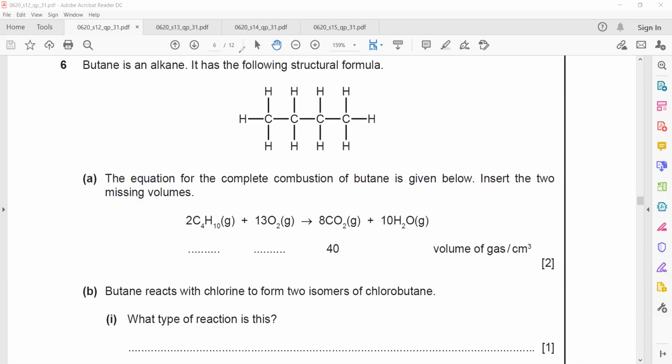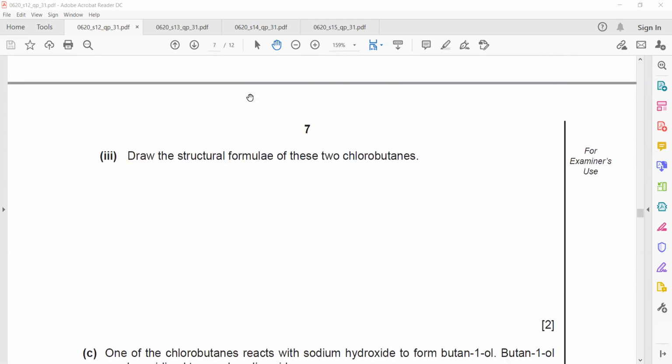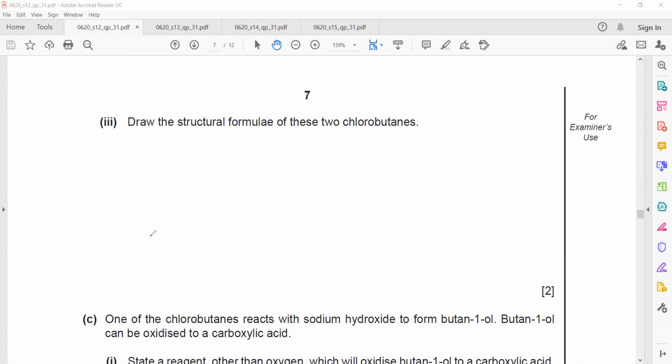But if the second hydrogen is replaced by chlorine, it will be 2-chlorobutane. So we just have to draw the two isomers of chlorobutane. But means 4 carbons, and chloro means chlorine is attached.